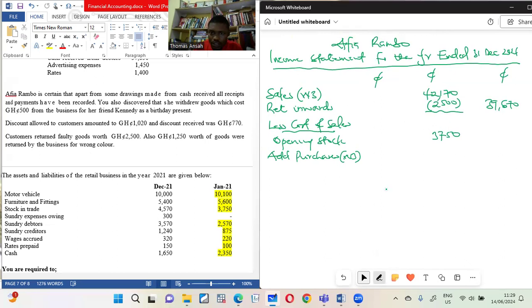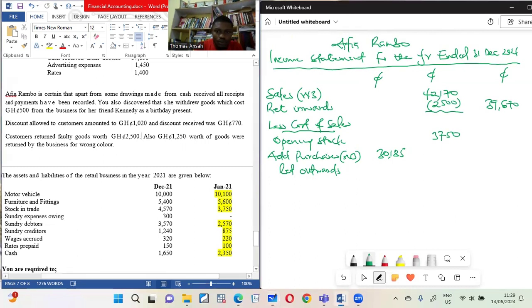So 3185. Then return outwards. How much did we return out? So return outwards is 1250. So how much do we have? That is 3185 minus 1250.